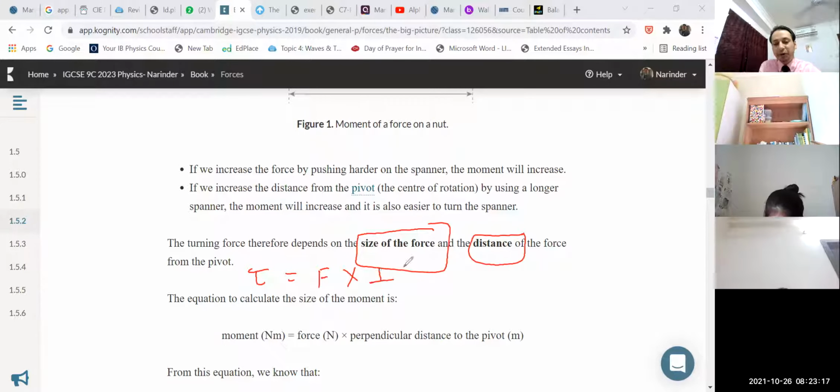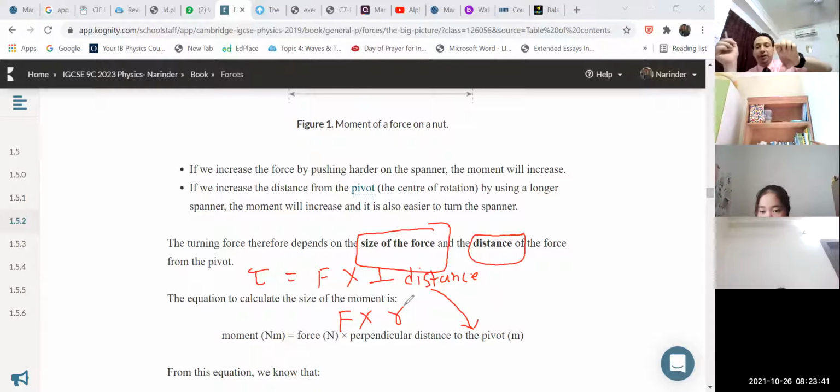Basically, it is a perpendicular distance. Perpendicular distance from where, children? Remember, perpendicular distance, you can see here, from the pivot, from the axis of rotation. So this perpendicular distance I can take by the letter R or D. It is the distance from the axis of rotation.